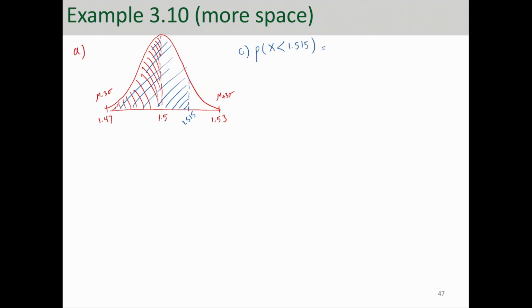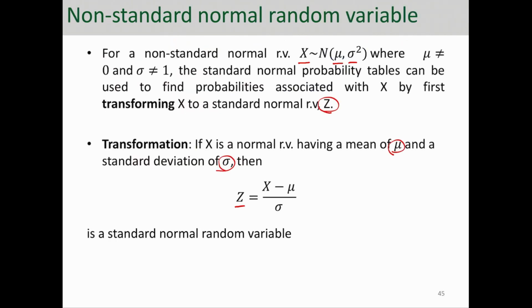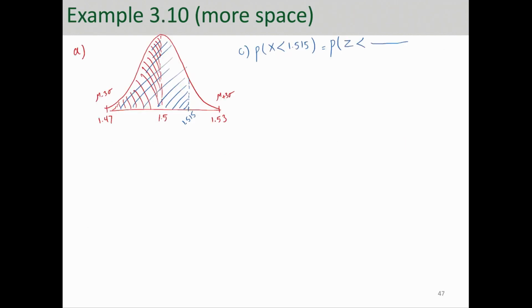This is how we do the transformation. This is equal to the probability of Z less than, if you remember, the transformation was (X minus mu) over sigma. So I'm going to write that down here, and in the next step I will fill them out with their values.